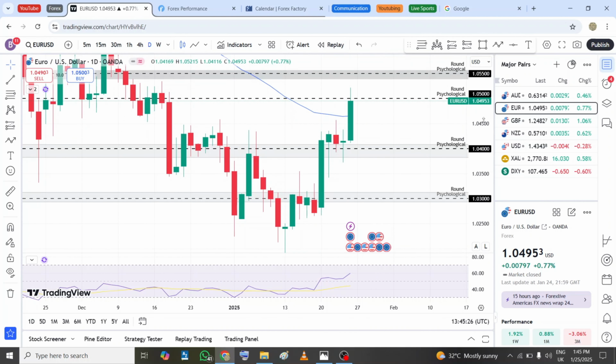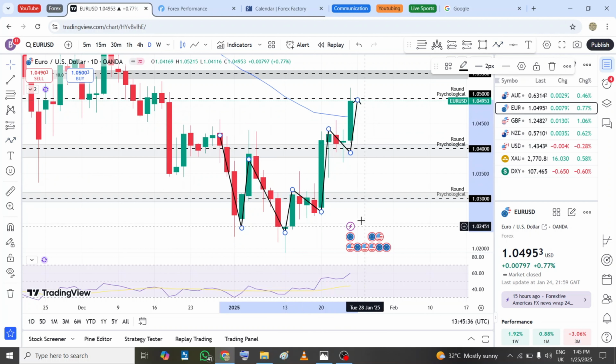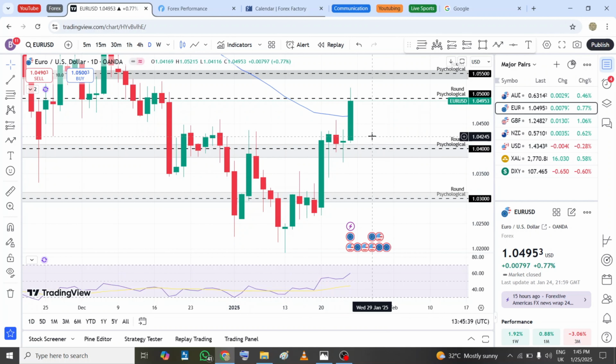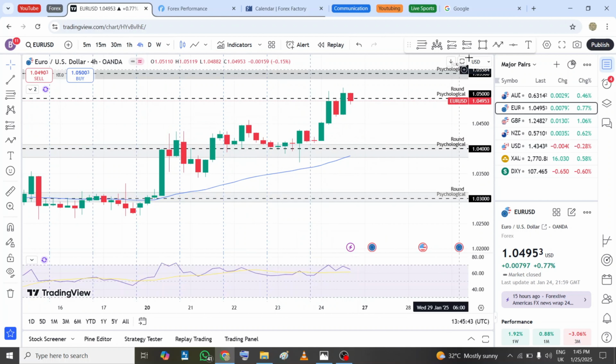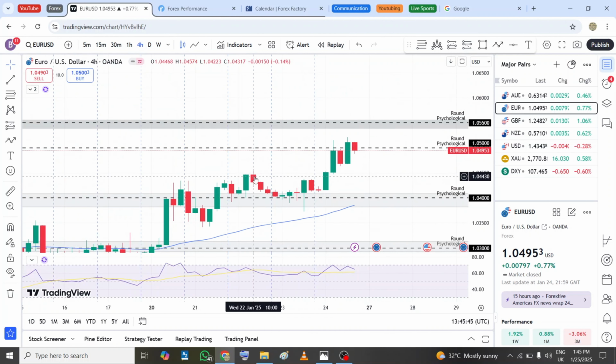Now looking at the daily, you can see that price actually came down and now has broken structure over here and it's now headed to the upside. Okay, so our daily is bullish and our 4 hour I can see is also bullish, right? Because it's broken this structure right here and it's headed to the upside.